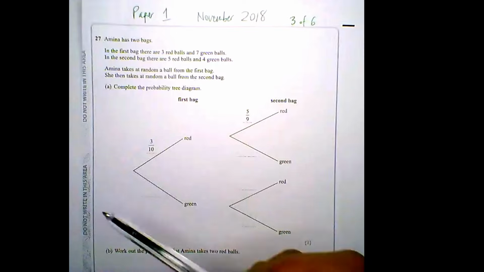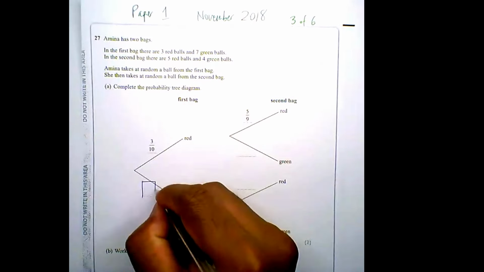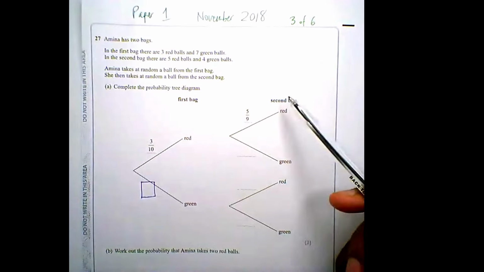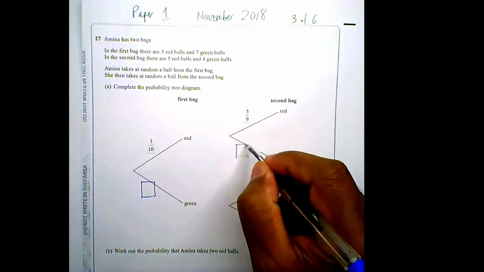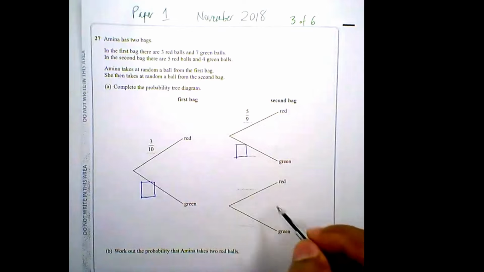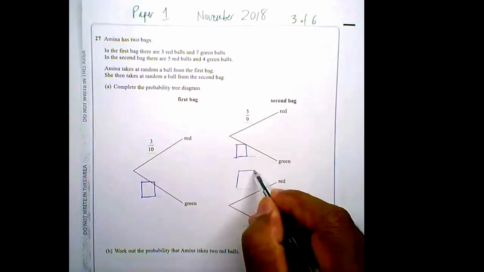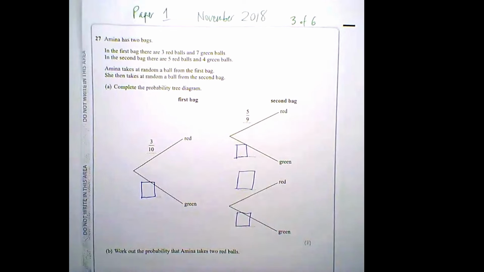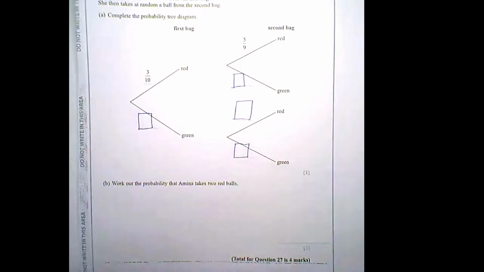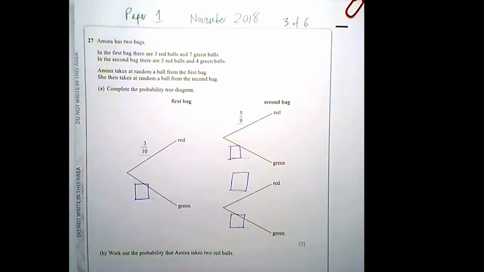So that's one thing I need to work out. For the second bag, the probability of red is 5/9. This is missing. For red and green, these are also missing. And part B, work out the probability that Amina takes 2 red balls. Okay, and this is 2 marks for part B as well. So 2 marks there.